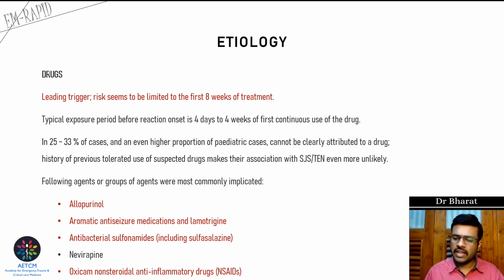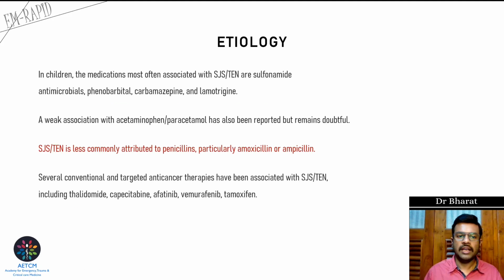The following group of agents are among the most common causative agents: allopurinol, aromatic anti-seizure medications like lamotrigine, phenytoin, carbamazepine, antibacterial sulfonamides like sulfasalazine, nevirapine, and NSAIDs. In children, the medications most often associated with SJS/TEN are sulfonamide antimicrobials, phenobarbital, carbamazepine, and lamotrigine.